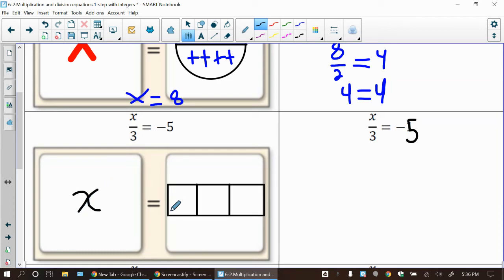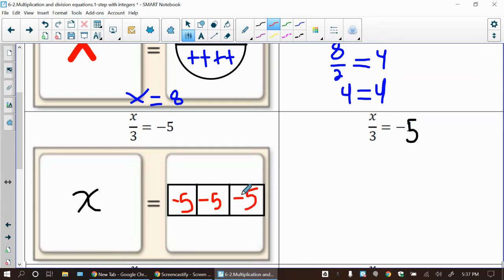You will have to spend $5 for 1/3 of this candy bar. But what if you want the whole candy bar? You don't just want a third of it. How many people go in the gas station and only buy a third of a candy bar? So we want to find out how much each section of that candy bar is.